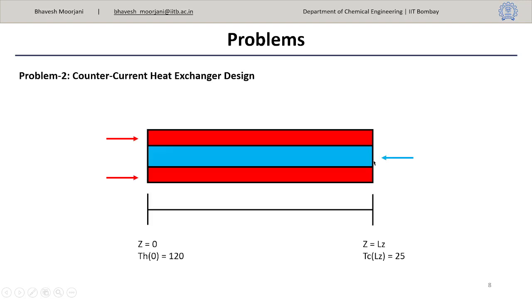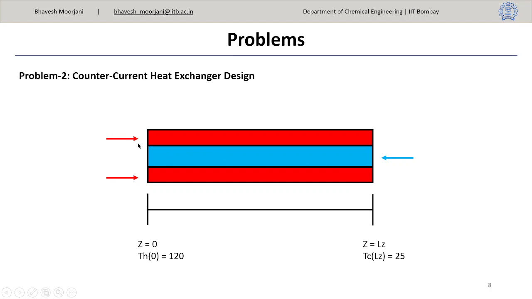Whereas for the cold stream, now the flow is reversed, right? So here at the inlet your temperature is 25. As you move along the negative z direction, okay, your temperature is increasing. So if I look from z equal to 0, from the start point, as I move ahead in the z direction, the cold stream temperature is decreasing, right?